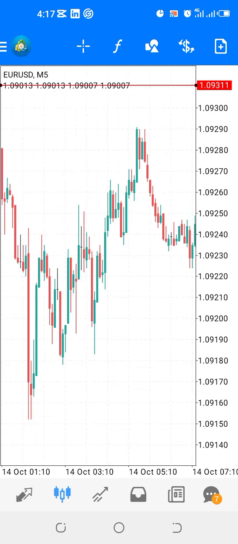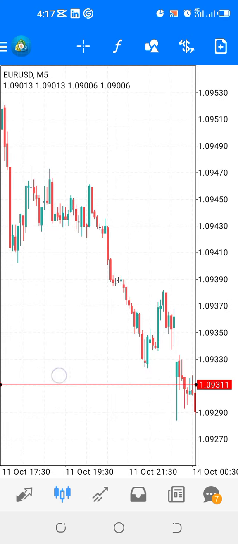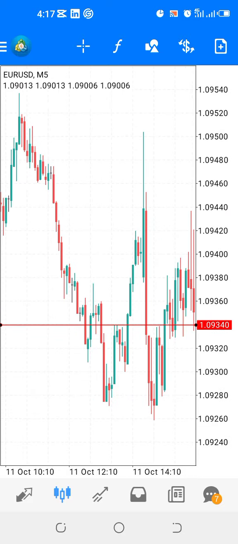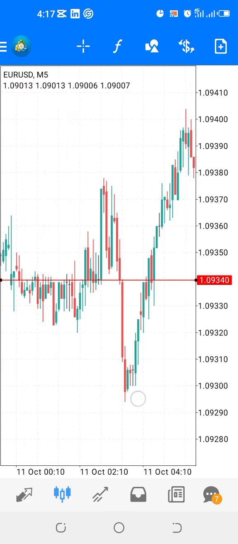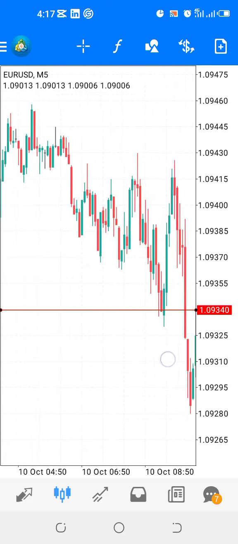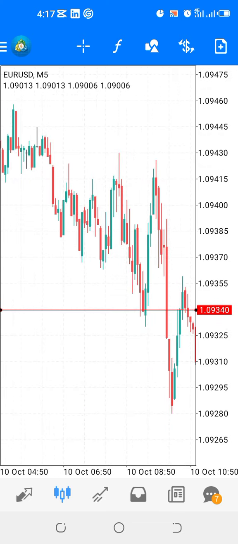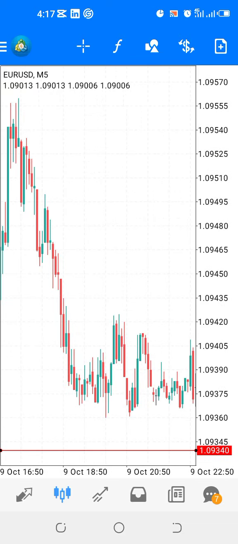So let's look for an inverse head and shoulders pattern. That is a head and shoulders pattern that is upside down. So an inverse head and shoulders pattern. These are not as common as double bottoms.